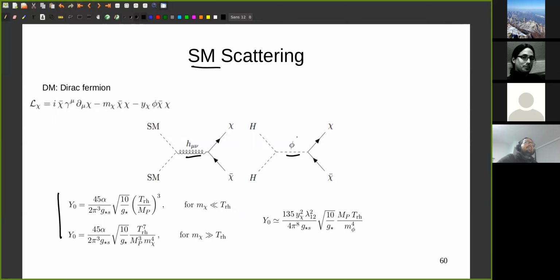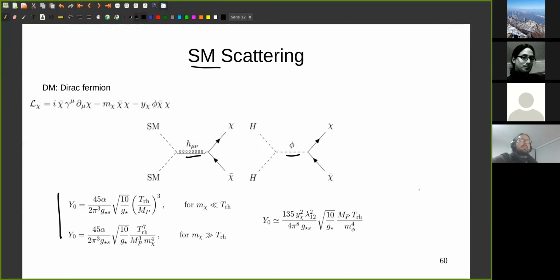And again, this tends to be subdominant. This channel is subdominant because the inflaton is very massive. So this will be very, very suppressed, not only because of the couplings, but also because of the mass of the very heavy inflaton. And the coupling is Planck mass suppressed.